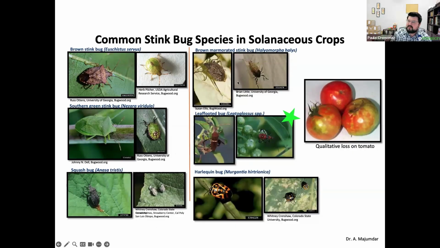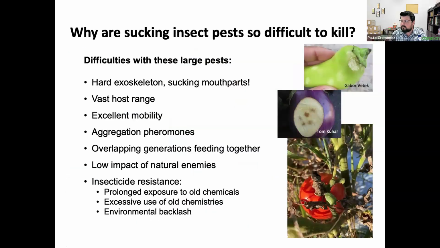The brown marmorated stink bug, which is an invasive species, can happen in the field. The harlequin bug is also around, but the big question here for solanaceous is the leaf-footed bug in our area because it can be very problematic for fruit quality.